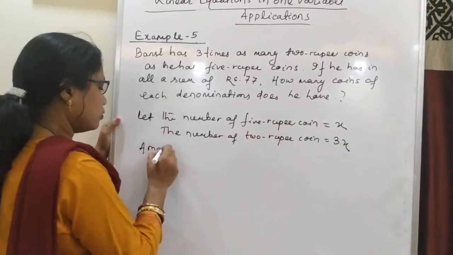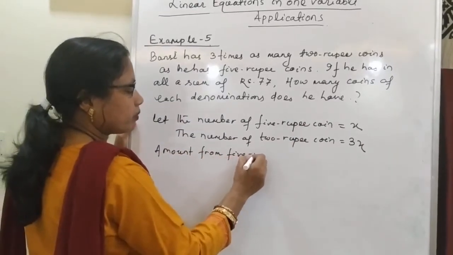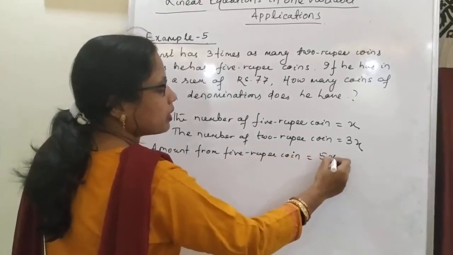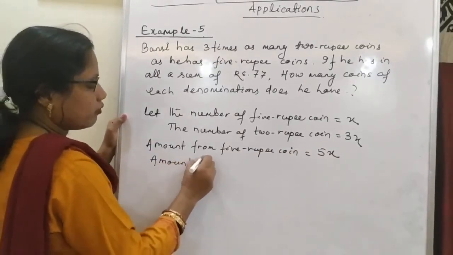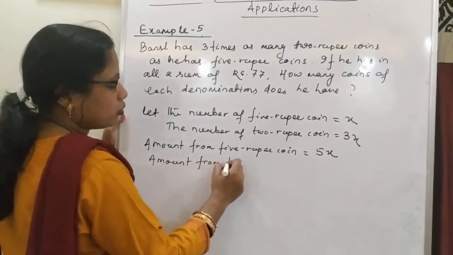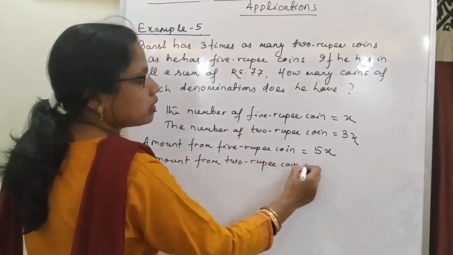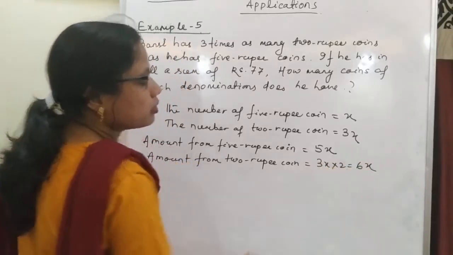Then the amount from 5 rupee coins is equal to 5x rupees. Then the amount from 2 rupee coins is equal to 3x multiplied with 2, that is equal to 6x.